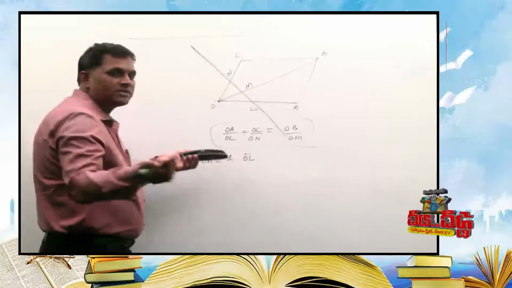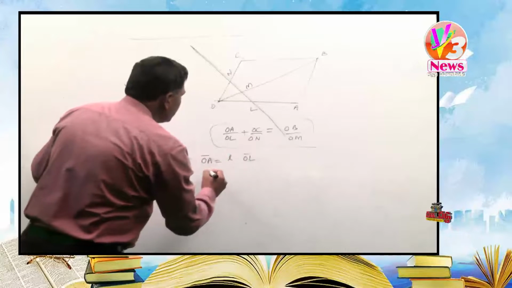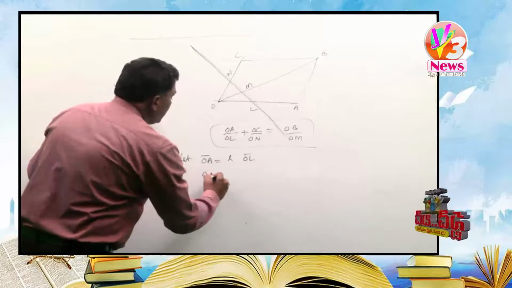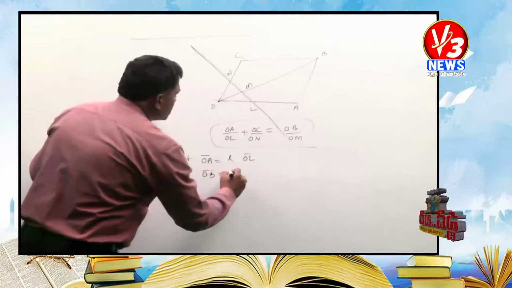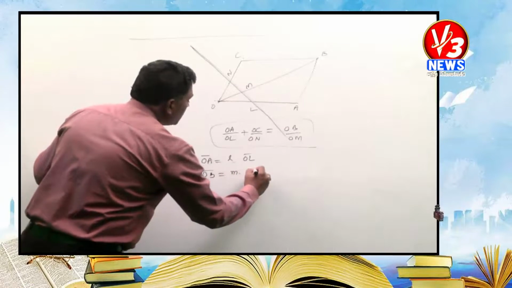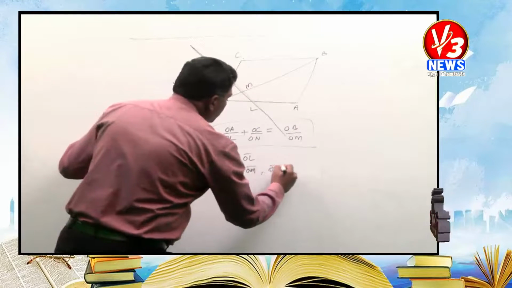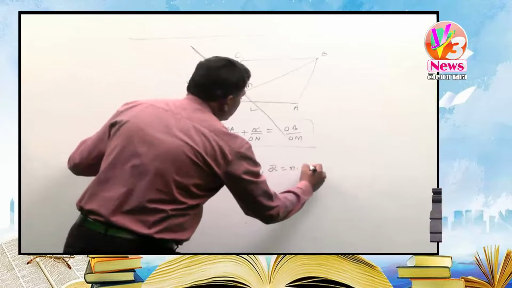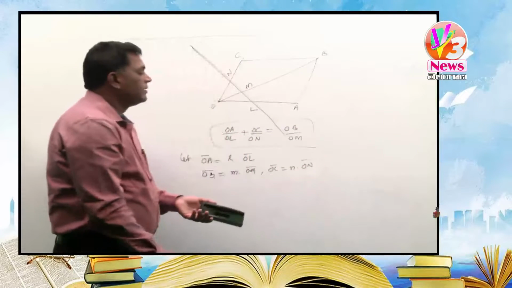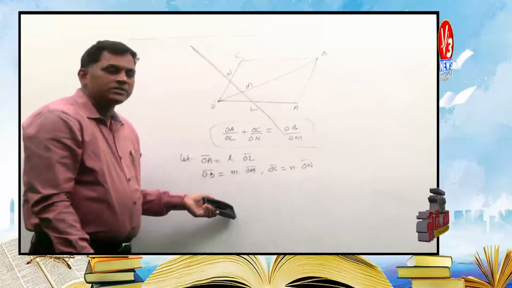L is some randomly chosen constant. Now OB bar equals some M into OM bar and OC bar equals some N into ON bar. We are assuming this step first here.